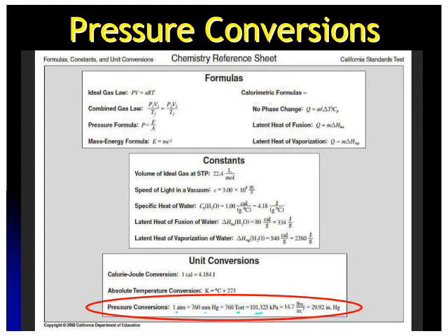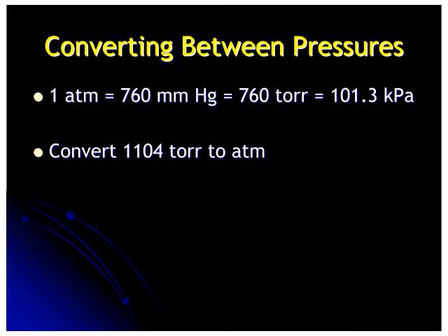In the last section I mentioned pounds per square inch or inches of mercury as potential units, and in this class we really don't use those two, but those conversions are there for us. In this section, I'm going to practice conversions between the 4 main units we use: atmospheres, millimeters of mercury, torrs, and kilopascals.